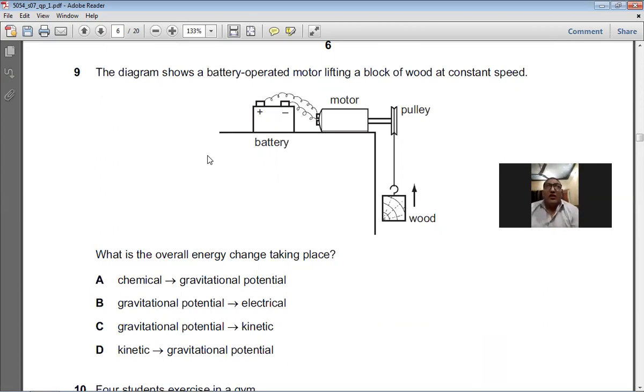Because the block is moving upward with a constant speed, we don't say its kinetic energy is increasing. So at the start there was chemical potential energy, and at the very end the gravitational potential energy of the wooden block increases. So I think A is the best option.